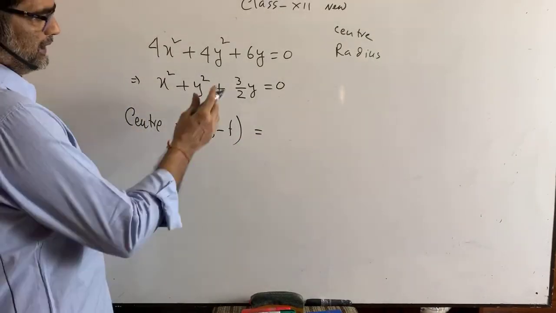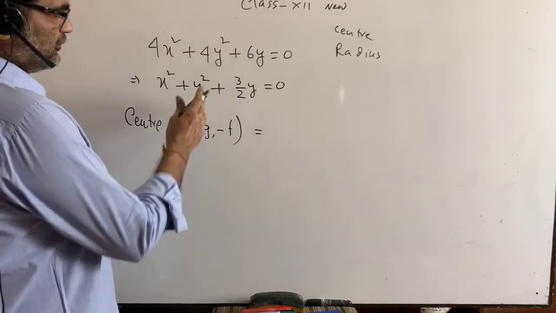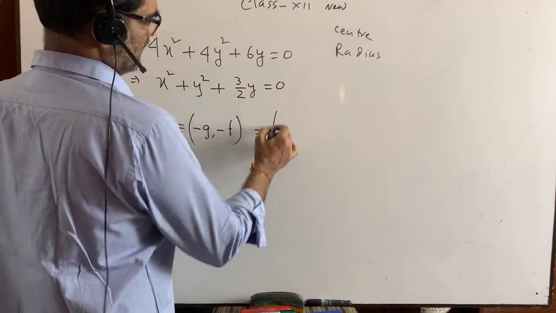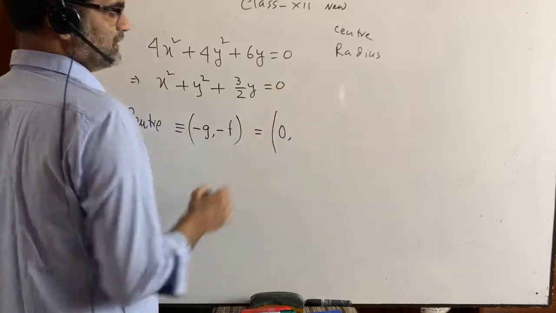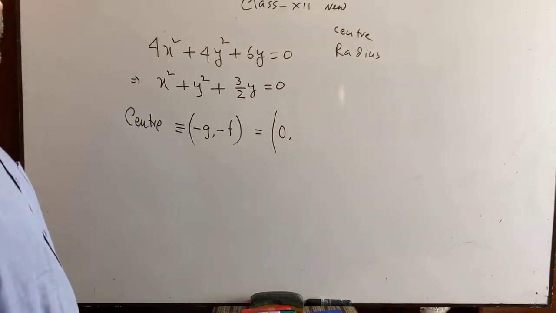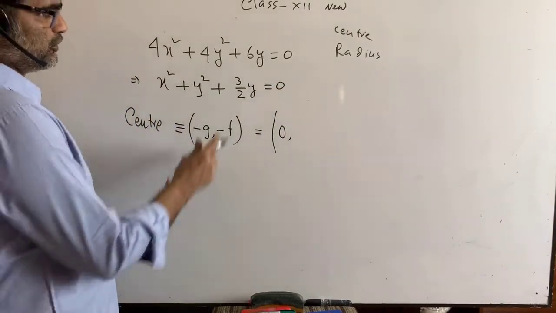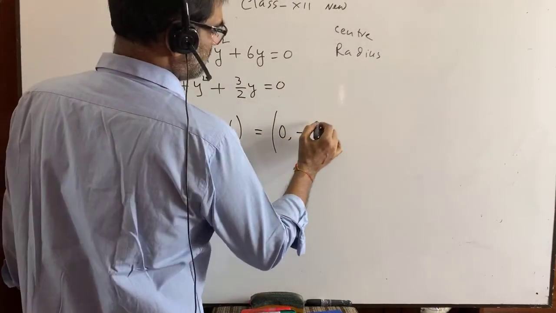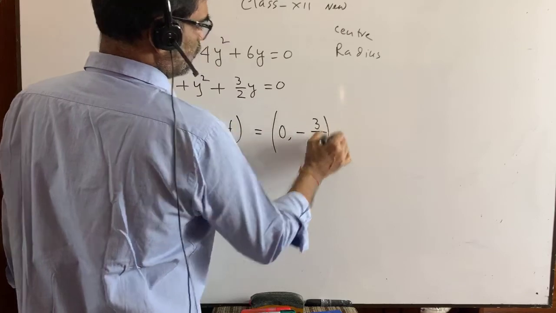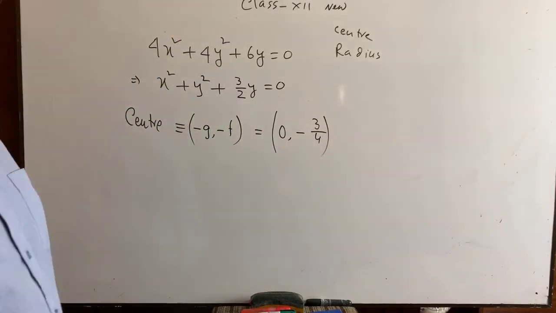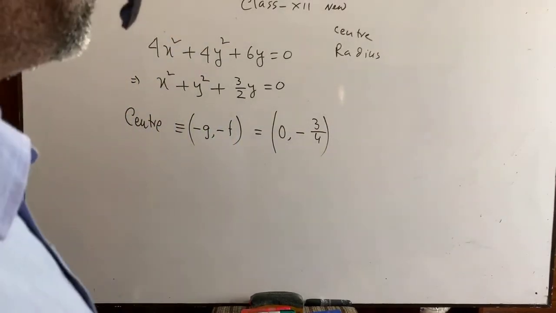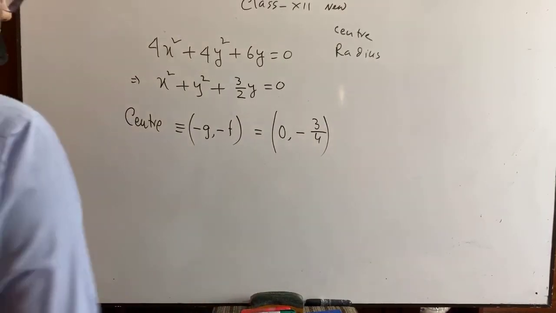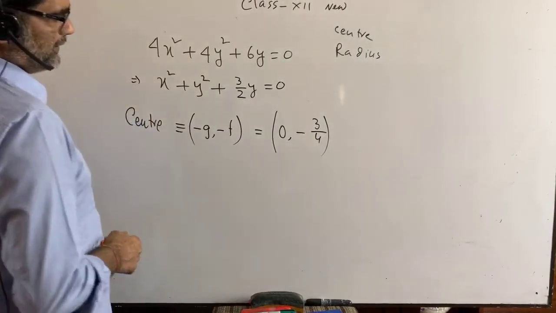There is no part of x, so we are getting here 0. And y, it is to be divided by minus 2. So we will get minus 3 by 4. So we have got the center, right? Have you got it? How to determine the center?